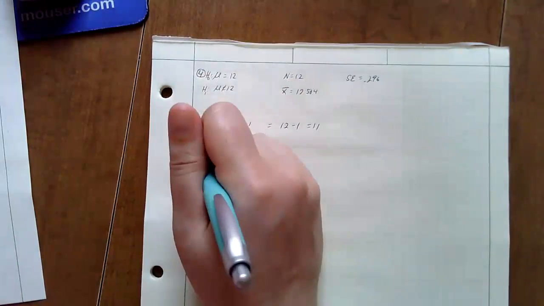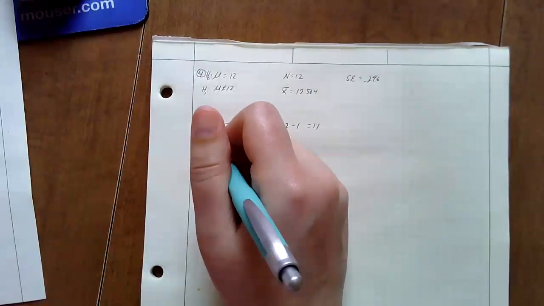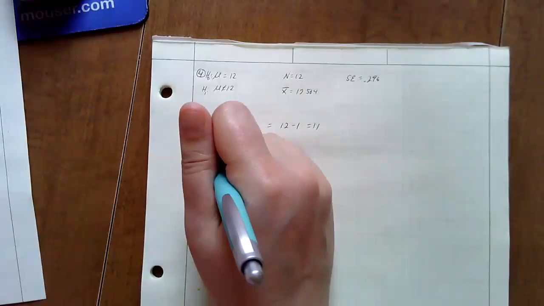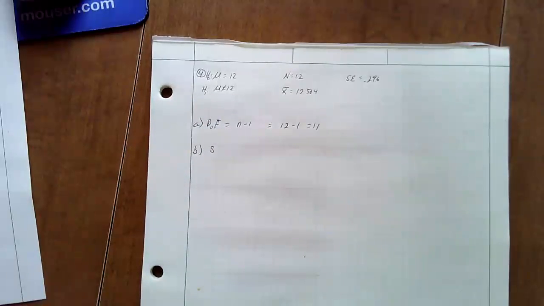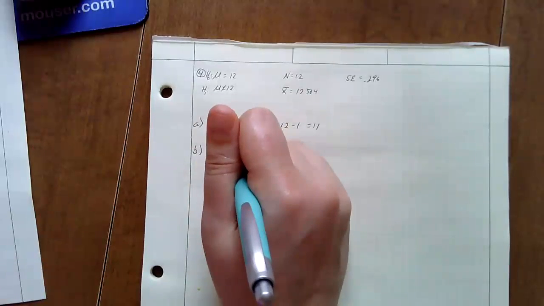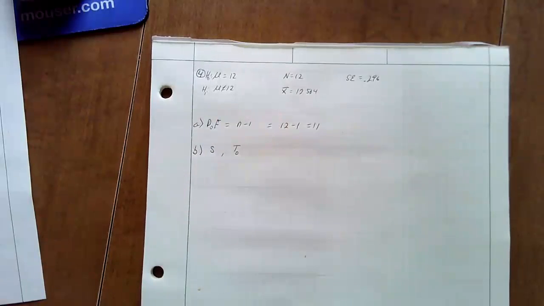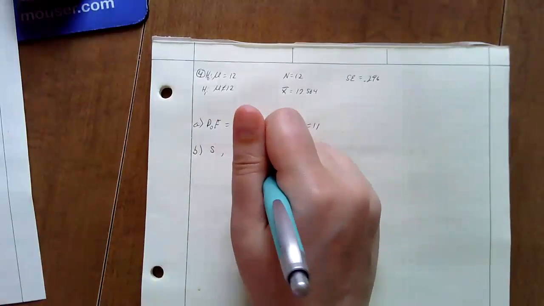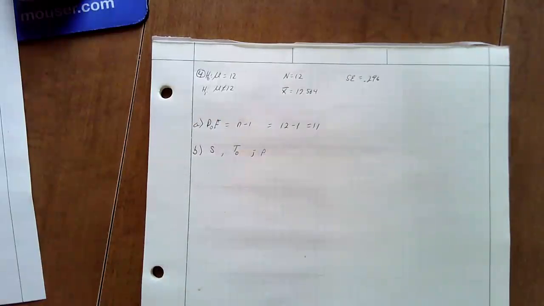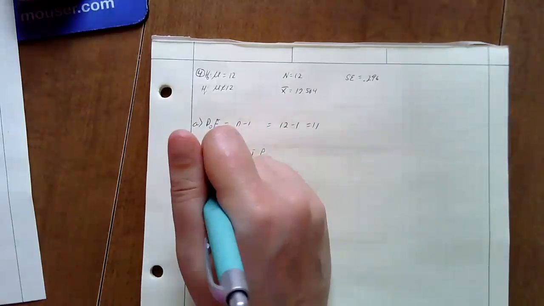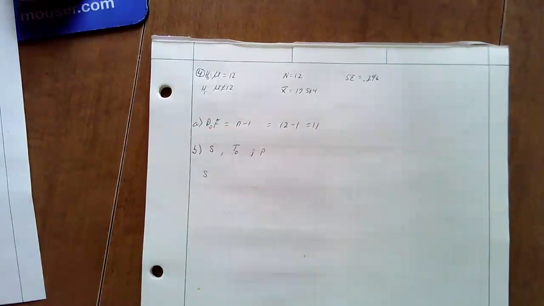The next thing it asks is to find the missing values. And so our missing values are our sample standard deviation, our test statistic, and our p-value. Those are the things that we don't have from the output. And so we'll start with the sample standard deviation.